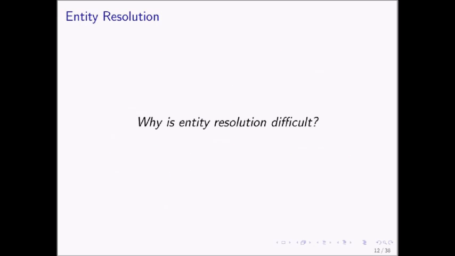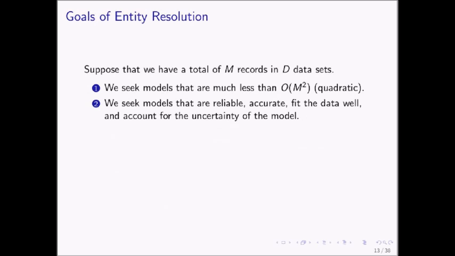So the core question I get asked the most is why is entity resolution or record linkage so intrinsically difficult? And I think this is the key piece of the problem to really understand. So suppose that we have M total records and we can have D total data sets.